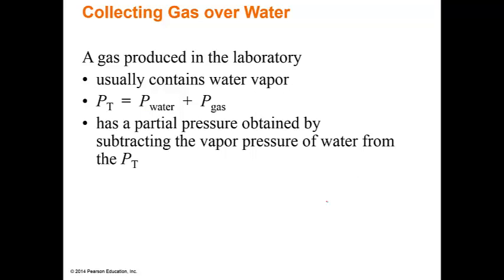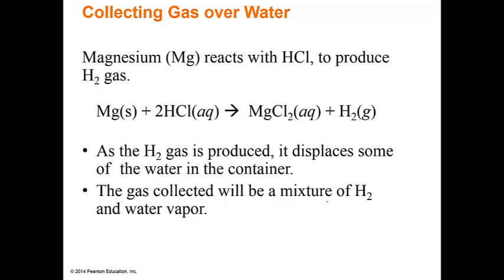So, gas produced in a laboratory usually contains water vapor, okay? So now we need to know the water vapor pressure and the gas pressure. The partial pressure of the gas is obtained by subtracting the vapor pressure of the water from the total pressure. So we want to know what the gas pressure is, all right? So in this reaction, magnesium reacts with hydrochloric acid to produce hydrogen gas.